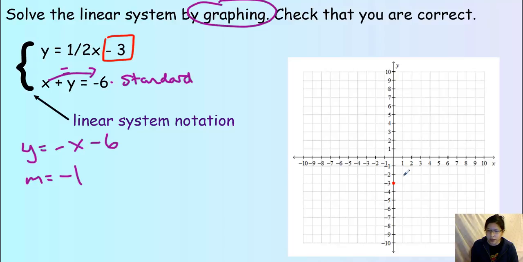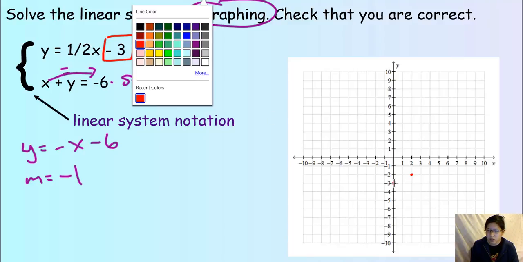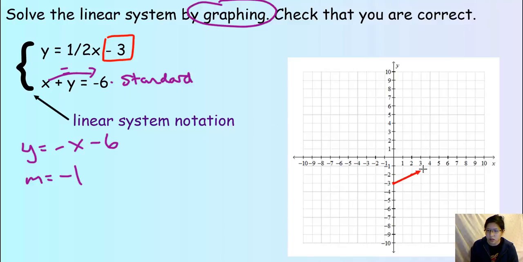So I'm going to go to the right 2. And I know that the slope is positive, because as my x value is getting bigger, my y value is also getting bigger, or it's going to the top right corner. So you can check when you're graphing that you're actually graphing correct by checking to see if your slope is correct. So my line looks something like this, and yours should too.